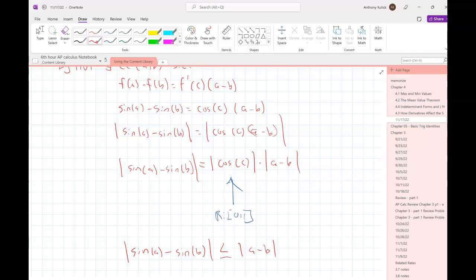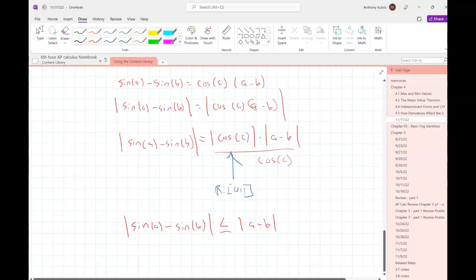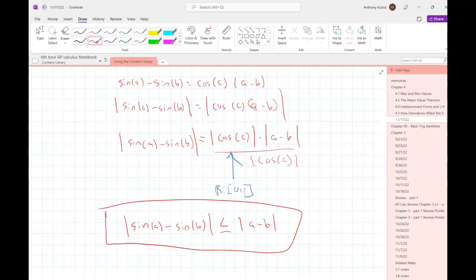The right side, right? If I divide that side only by a number between 0 and 1, that makes that side bigger, right? Unless it was already 0. If it was already 0 to begin with, then it would still be equal. So that's how I got to greater than or equal to.